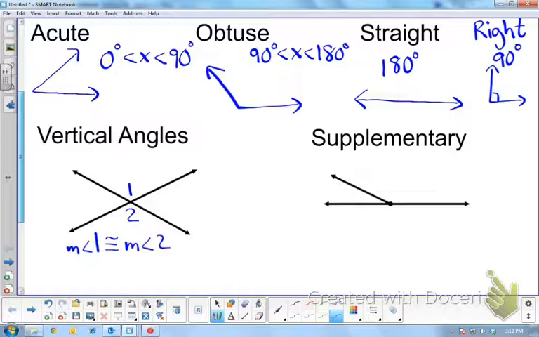So measure of angle 1 is equal to the measure of angle 2, or congruent. Usually in geometry when we're saying shapes are equal to each other, we use the term congruent, which is that equal sign with the squiggly line on top. If we look at the other angles as well, the measure of angle 3 is congruent to the measure of angle 4. So the angles across from each other equal each other.